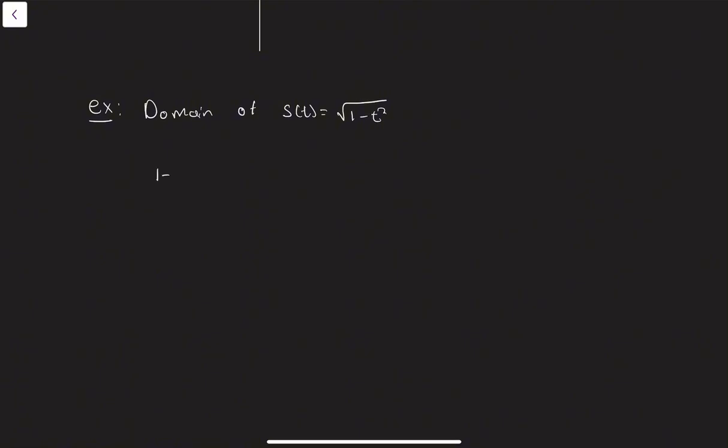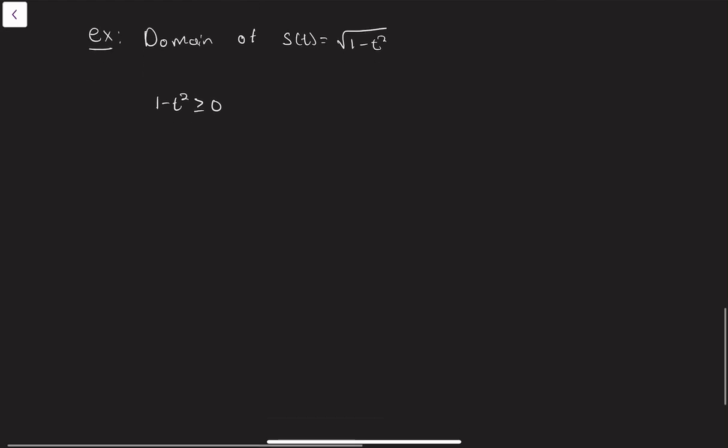So let's write that down. 1 minus t squared must be greater than or equal to 0, which is just a property of the square root. We can multiply both sides by -1, and recall from our inequality rules, when we do that, the sign must flip, so that we get t squared minus 1 must be less than or equal to 0. Simplifying, we get (t minus 1)(t plus 1) must be less than or equal to 0.